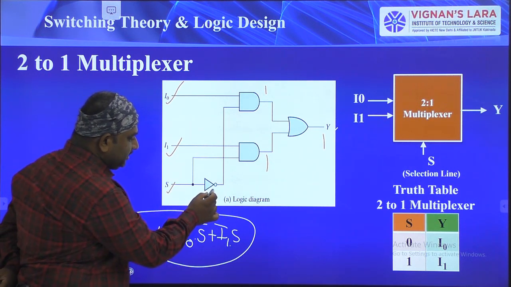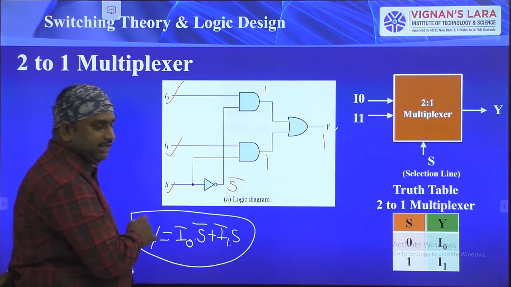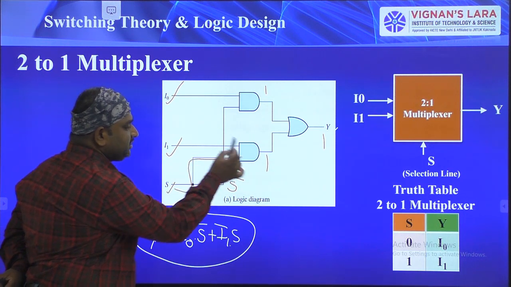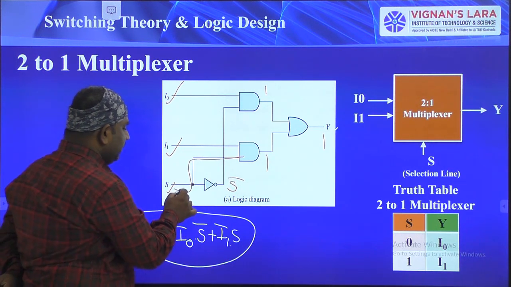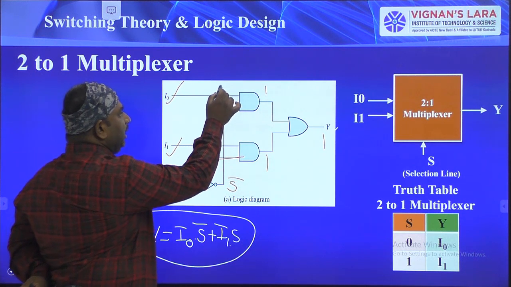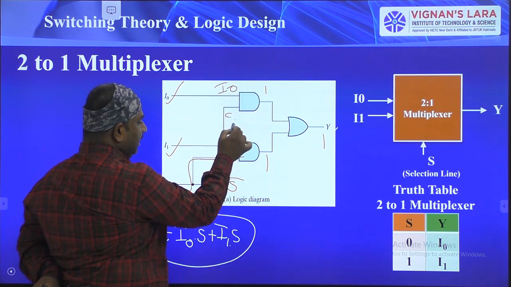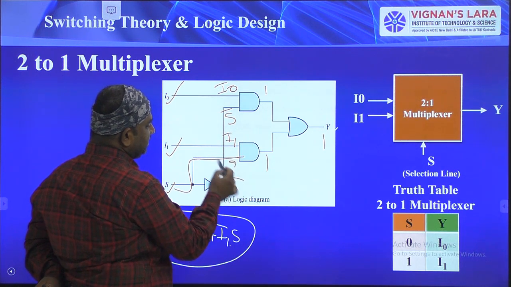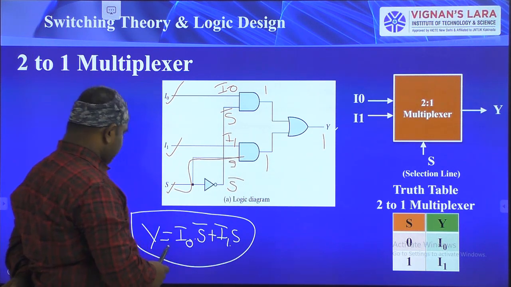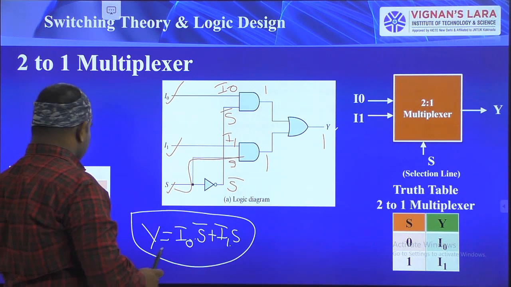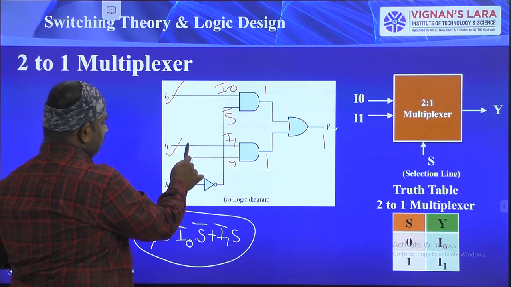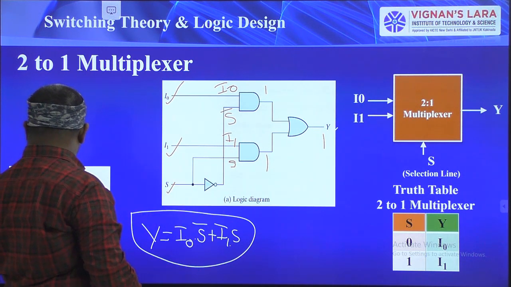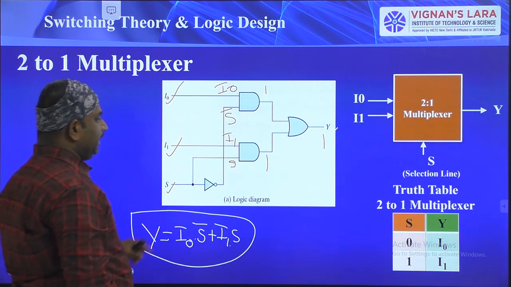So see here, this is the S bar and this is the S. So S is connected to this AND gate, and S bar is connected to this AND gate. So here I0 is available, here S bar is available. Here I1 is available, here S is available.